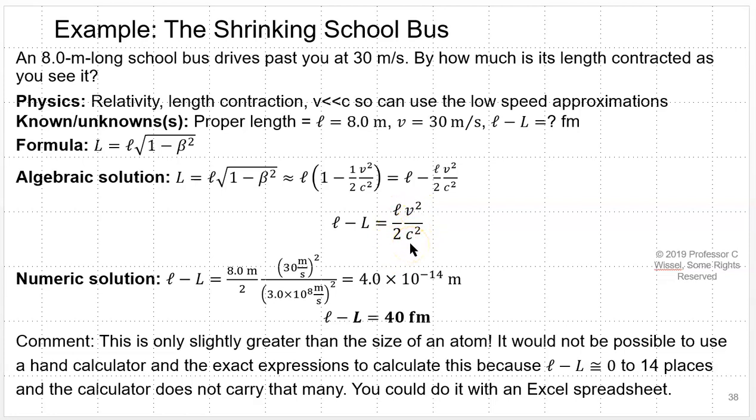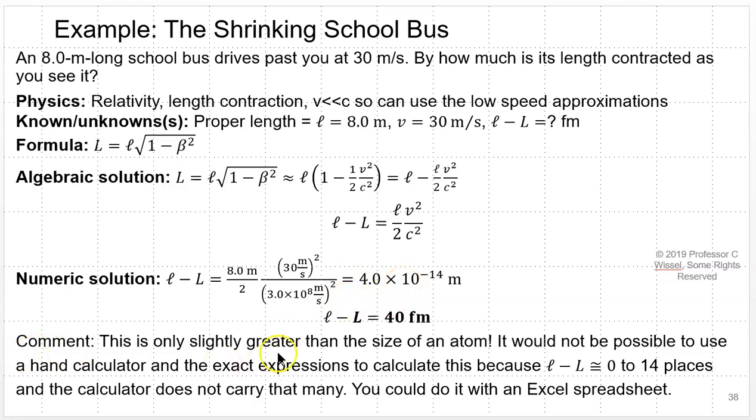At this point, we can plug numbers in. Little l is 8 meters, and we're going to divide that by 2. v is 30 meters per second, and we're going to square it. And of course, c is 3 times 10 to the 8th meters per second, and we're going to square that. When we crank the numbers, we wind up that the shrinkage is 4 times 10 to the minus 14th meters.